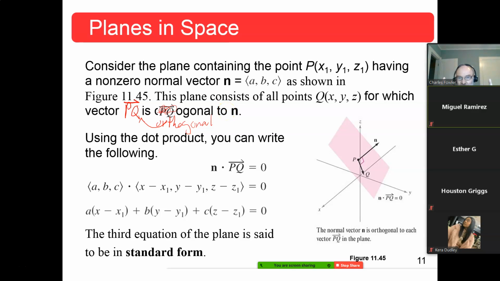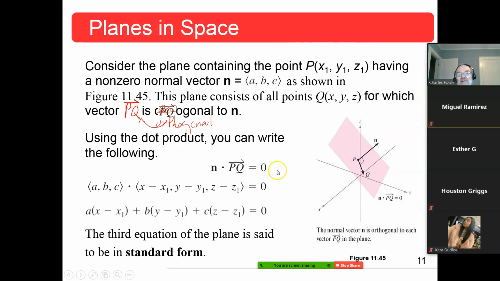Now, your N is your perpendicular vector, your orthogonal vector, normal vector, to that plane. You have a point in the plane, P, X1, Y1, Z1, and then that plane consists of all the points Q, that are anywhere in this plane. P is a fixed point, Q is a variable point, anywhere in the plane, and this vector here, PQ, non-zero vector, has to be perpendicular to the vector N, okay?